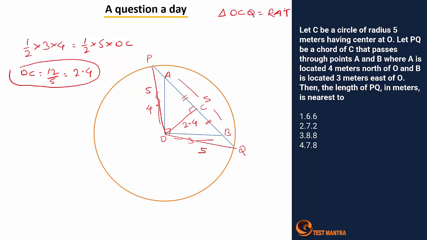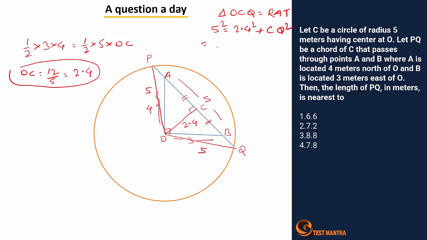So I can definitely utilize the Pythagoras theorem here. I can say 5 square is equal to 2.4 square plus CQ square. That's my condition.